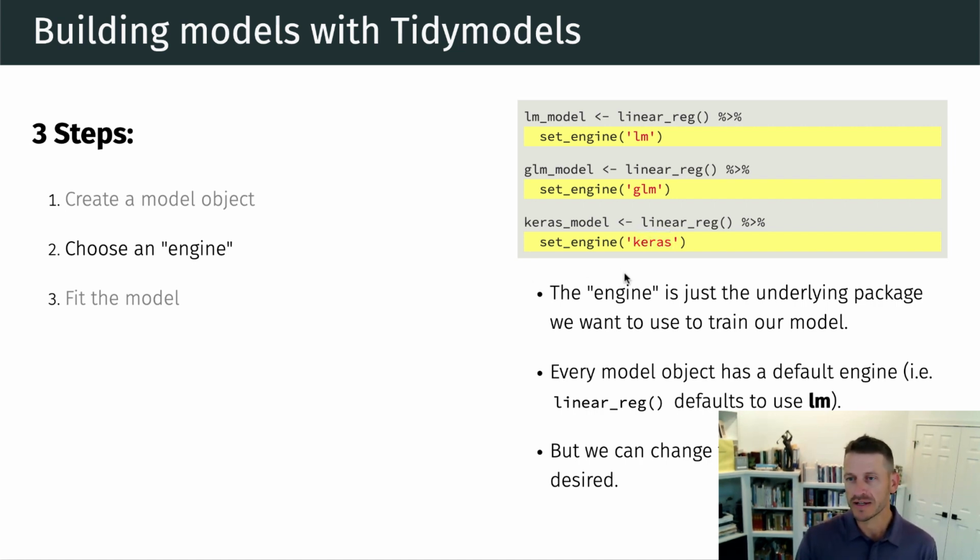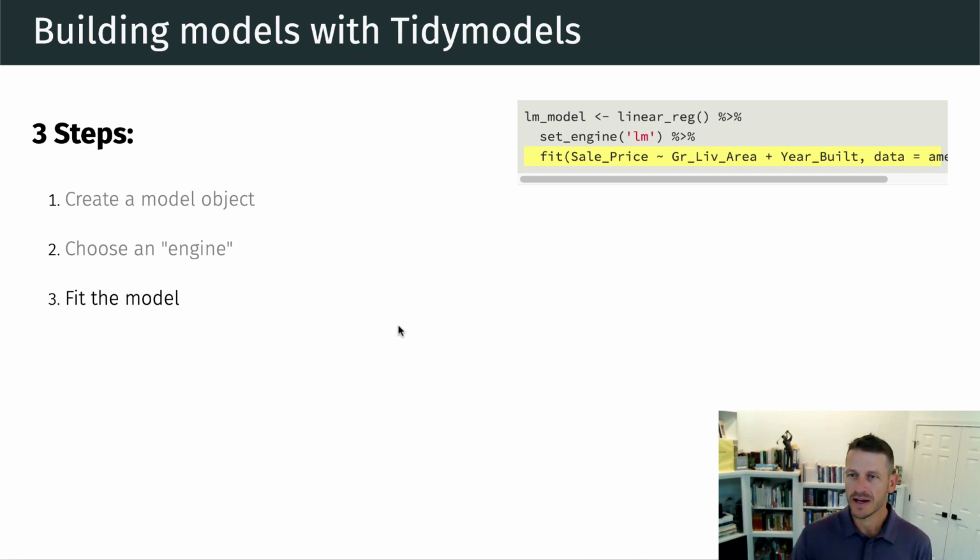So just realize that after we specify the type of model, we can now specify which package we want to use to implement that algorithm, right? Now, every one of these model objects will have a default engine. For example, linear regression, by default, will use this LM, which means if we didn't include this set engine line here, just by default, linear regression would use the LM package. But we can always change that engine.